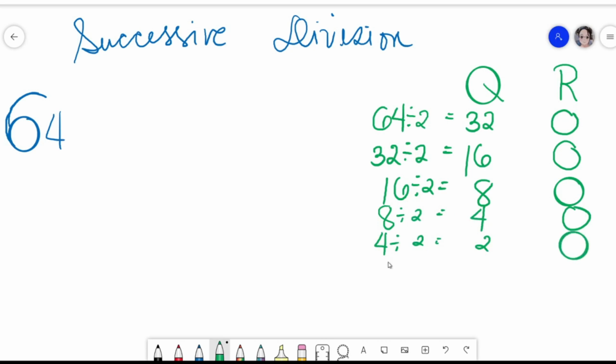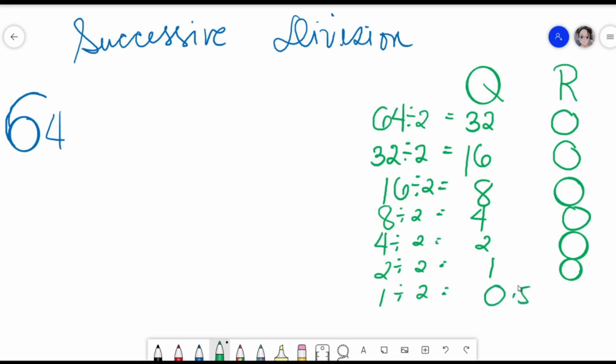Again, 0. 2 divided by 2, it's 1. So 0 again. 1 divided by 2 is 0.5. To make sure, let's check: 1 divided by 2, 0.5. If there is a fraction, like 0.5, meaning it's not a perfect answer, then the remainder is automatically 1.